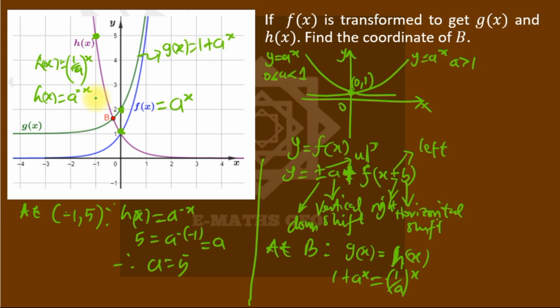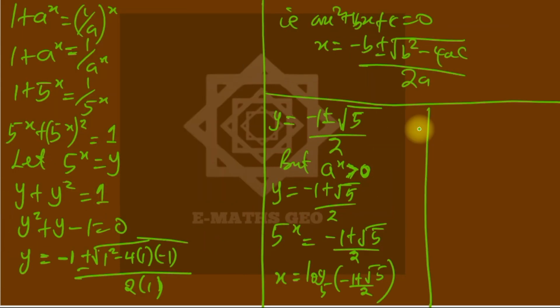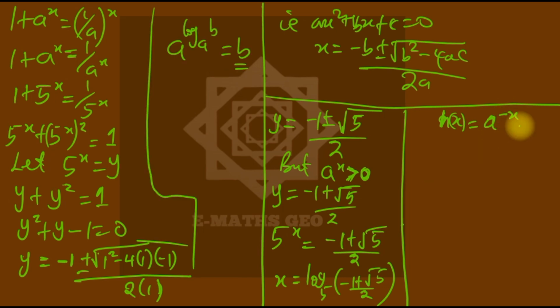So to make our conclusion. To get the value of y, because we are looking for the coordinates of b, so x and y, we've gotten the value of x. We need the value of y, therefore hx is a raised to power minus x. This is also 1 over a raised to power x.